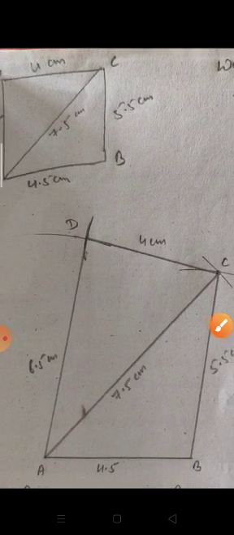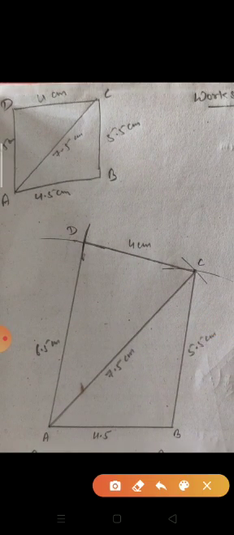So student, how to construct this diagram? First we draw the line AB with 4.5 cm.